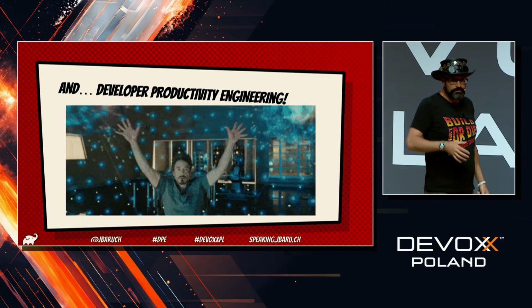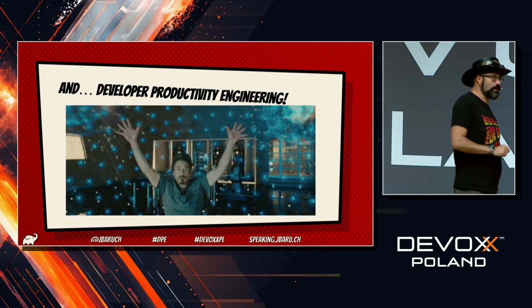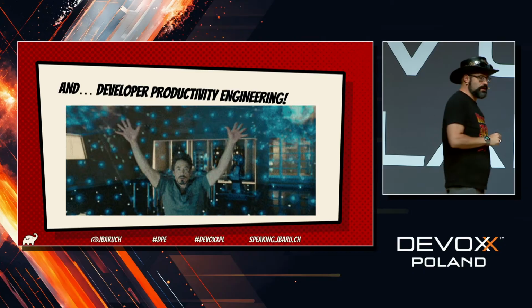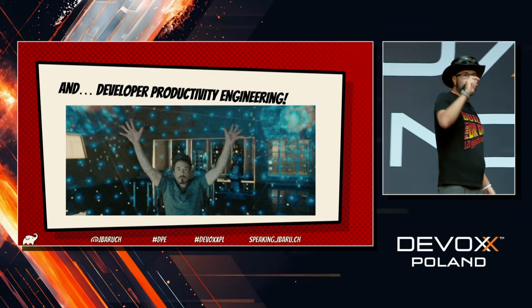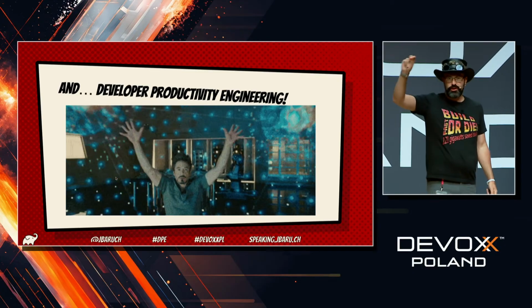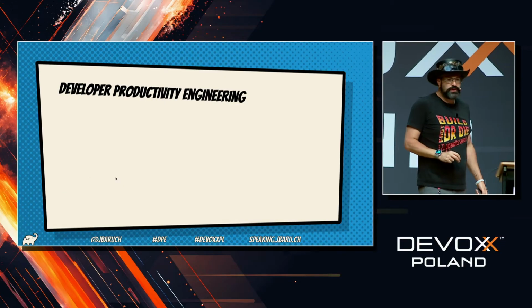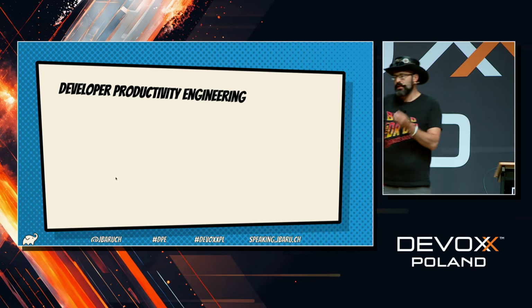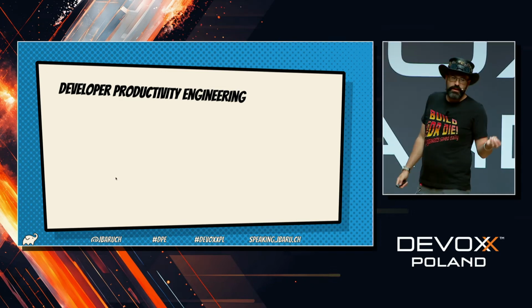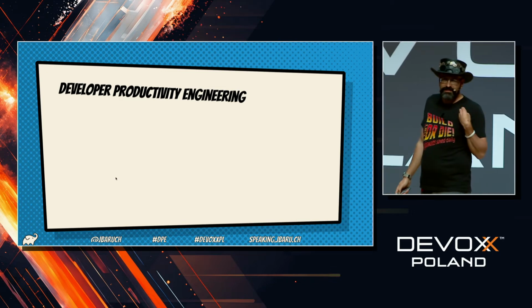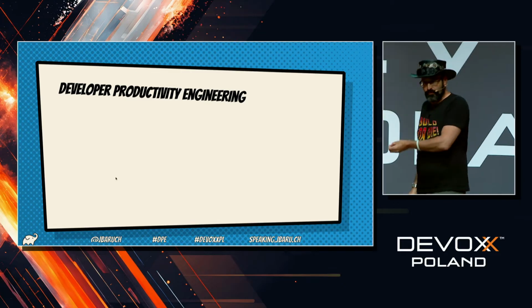And now, the interesting part for a technical conference is developer productivity engineering, where engineering is the exciting part here. Developer productivity engineering is a discipline that focuses on our productivity from an engineering point of view.